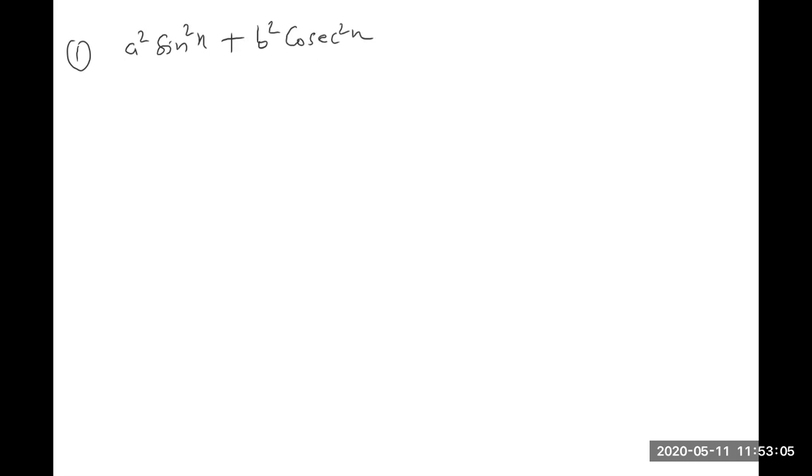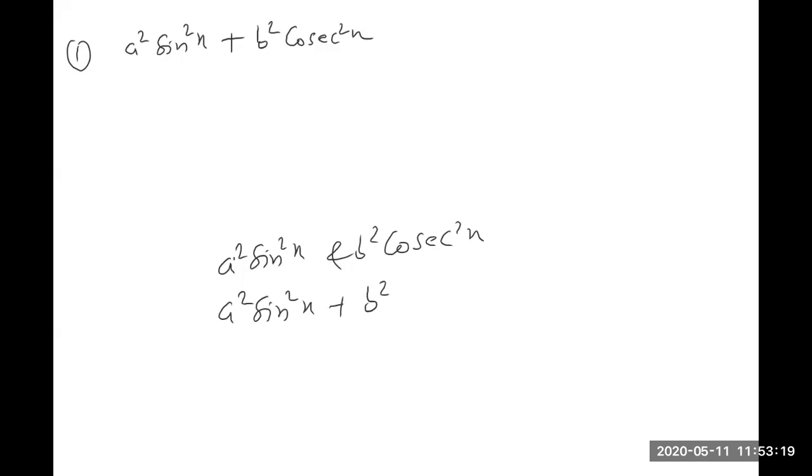Now two quantities are there, a square sin square x and b square cosec square x. Apply AM is greater than or equal to GM. What is arithmetic mean? A square sin square x plus b square cosec square x divided by 2 will always be greater than or equal to the geometric mean.